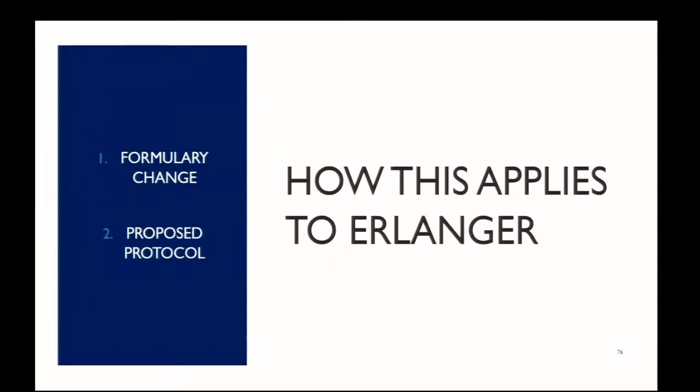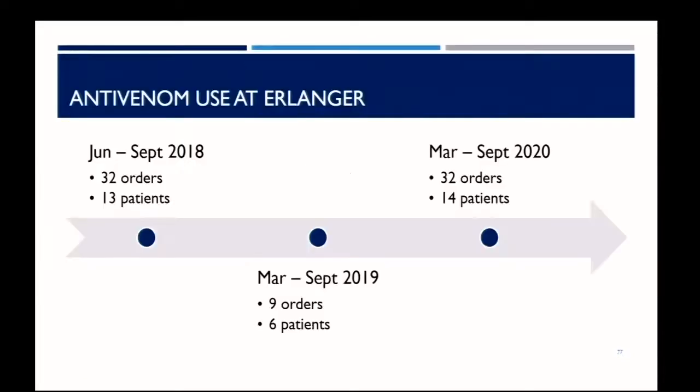So now that we've talked about all the background and the treatment options, to help summarize and tie this all back to earlier, we're going to discuss how this all applies via a formulary change in a proposed protocol that, spoiler, got approved yesterday at P&T. So it is important to look at how much anti-venom we use here. In June through September of 2018, there were 32 orders of anti-venom, so that being Fab product.